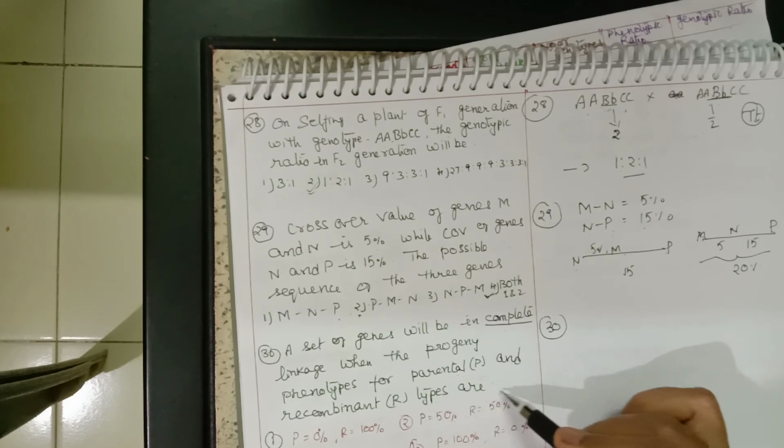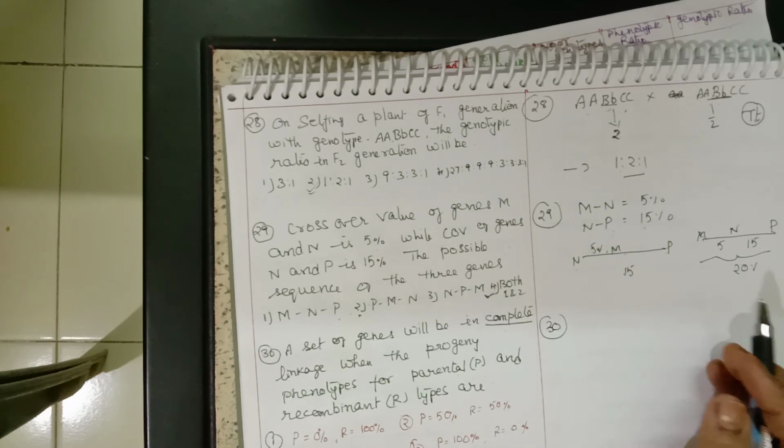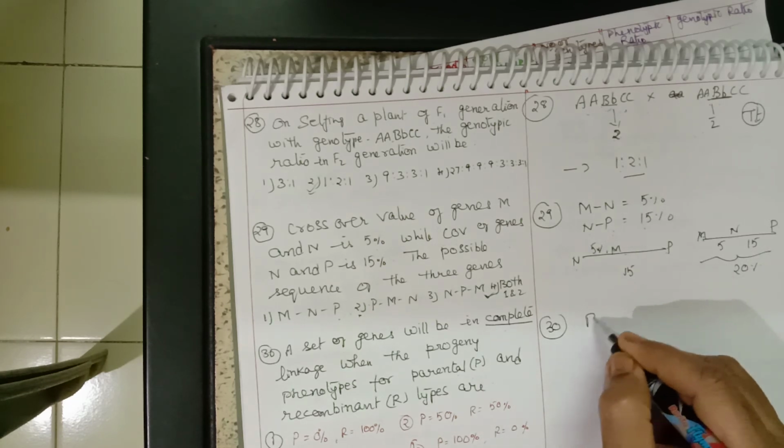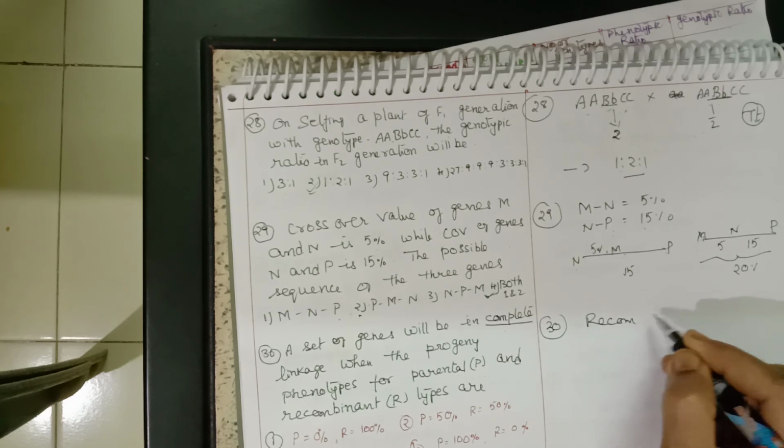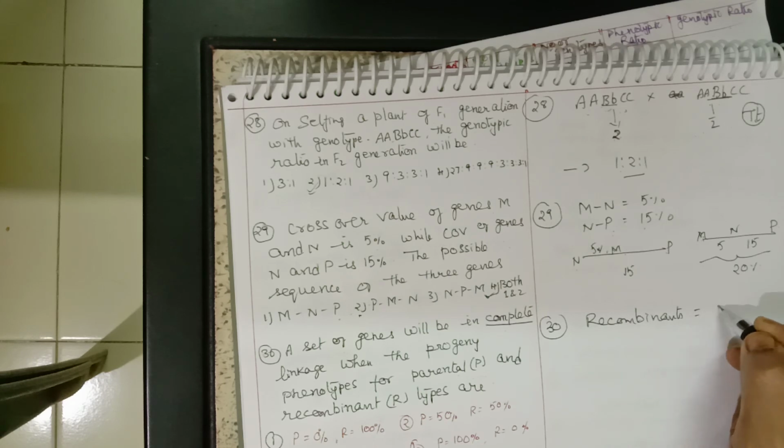That means which option will show complete linkage? We know in complete linkage the recombinants are 0, completely 0%. So which of these options shows recombinants 0? It is the fourth option. In the fourth option we find total recombinants are 0.